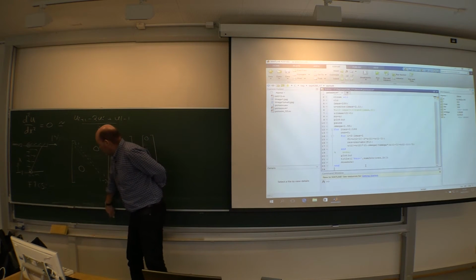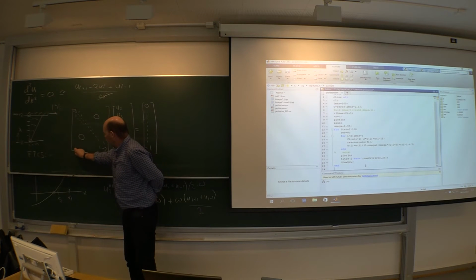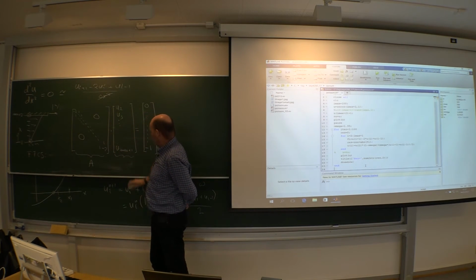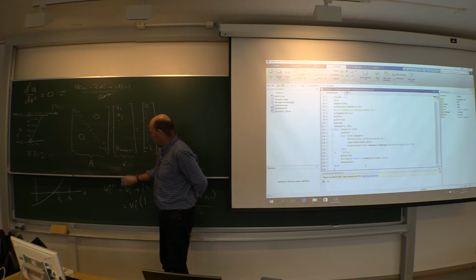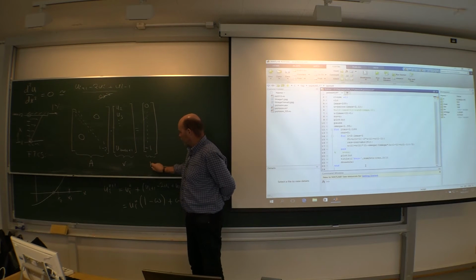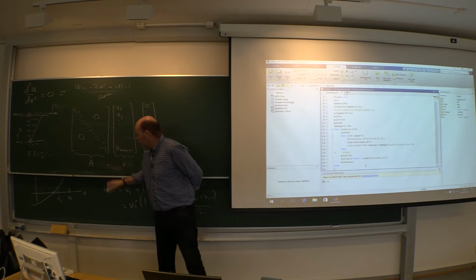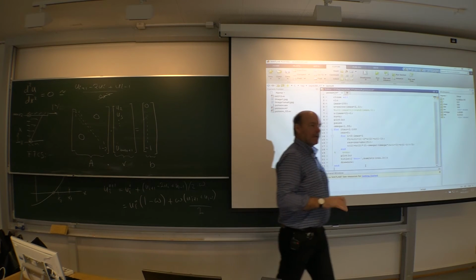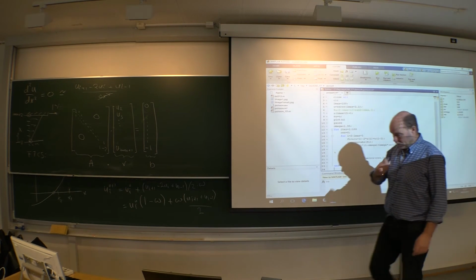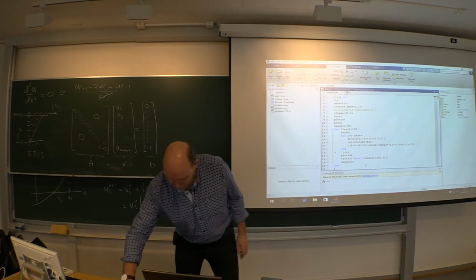So typically you will write this as matrix A multiplied with here my velocity vector equals the right-hand side B. And that one can be solved directly with MATLAB, not a problem at all. So let's take the time to do that.